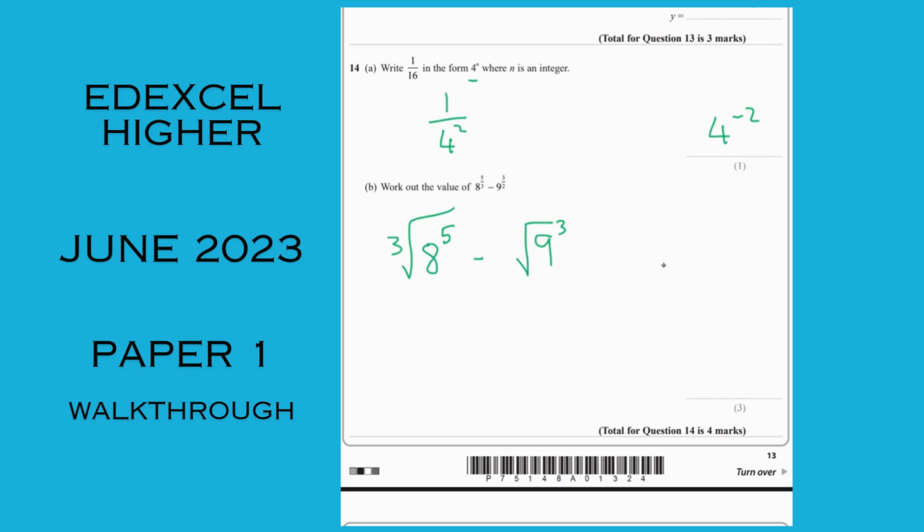So what's the third root of 8? It's 2. Square root of 9 is 3. 3 cubed, 27. And as you do more work, it gets easier and easier.